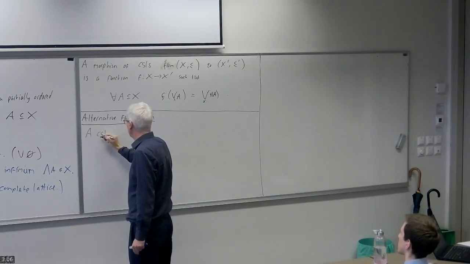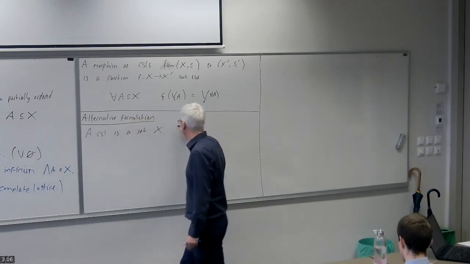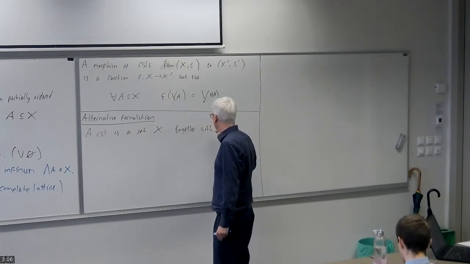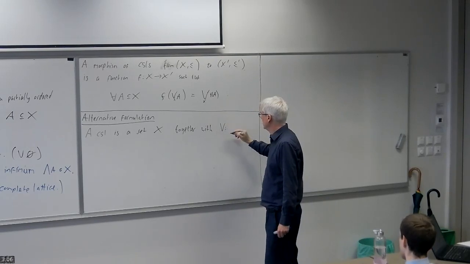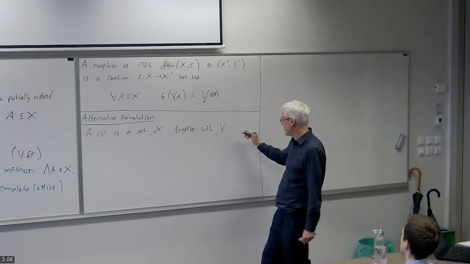CSL is a set X together with an operation, which I'll use this join operation for, because it's going to be the join.